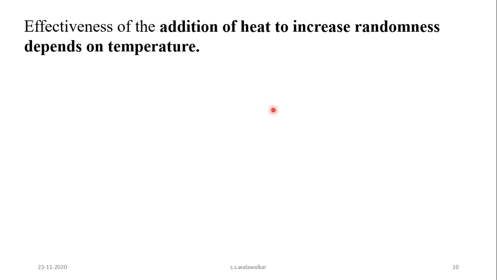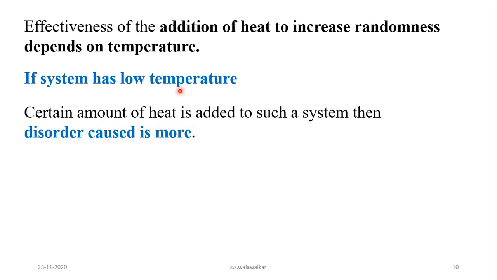And this heat added depends upon the temperature. The effectiveness of the addition of heat to increase randomness or disorder depends on the temperature. That means, if the temperature of the system is low and a certain amount of heat is added to such a system, then the disorder caused is more.